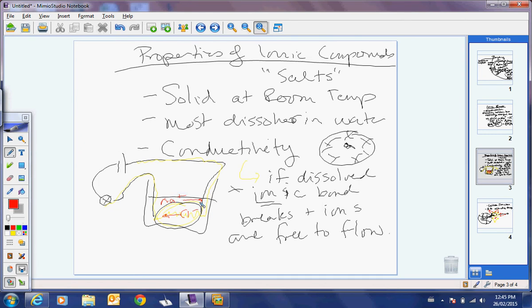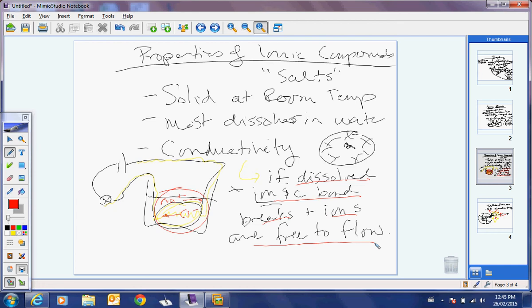Junior class change. We look a lot at this in Chem 30, exactly what's happening in that solution. But for now, I just need you to know that it conducts electricity because when it's dissolved, the ionic bond breaks and then the ions can move. And we look at exactly how the ions move, exactly what they do when they get there, in Chem 30.